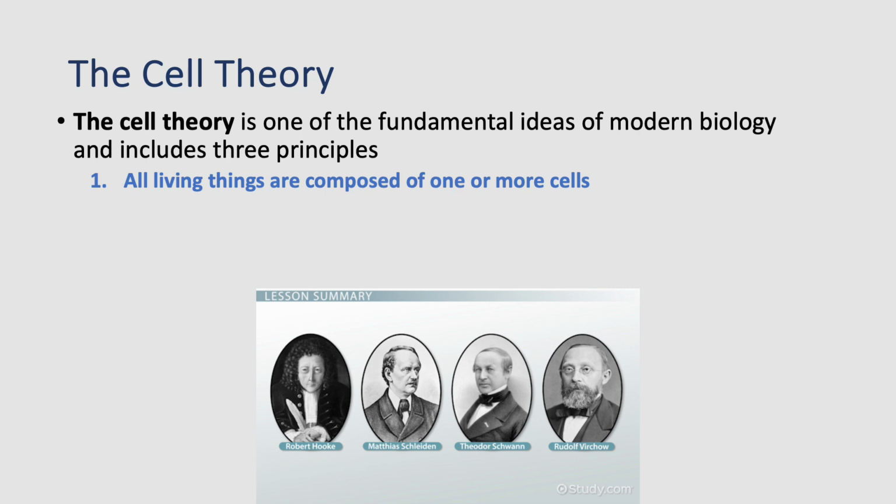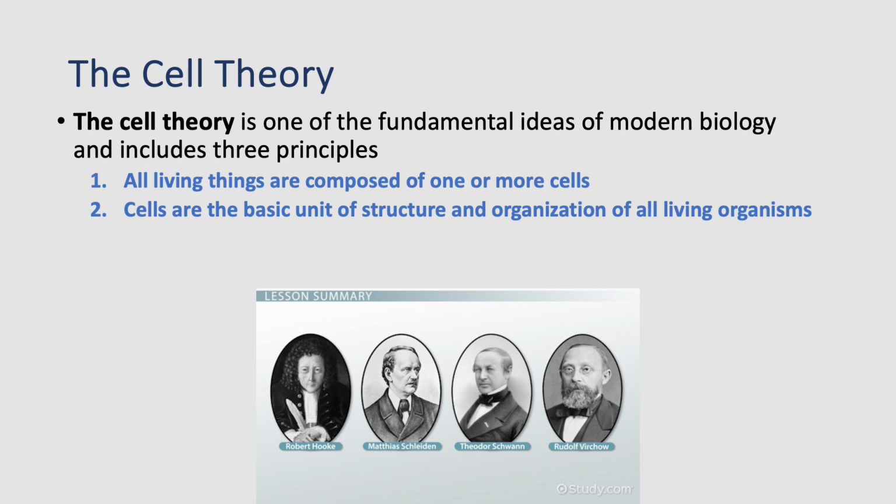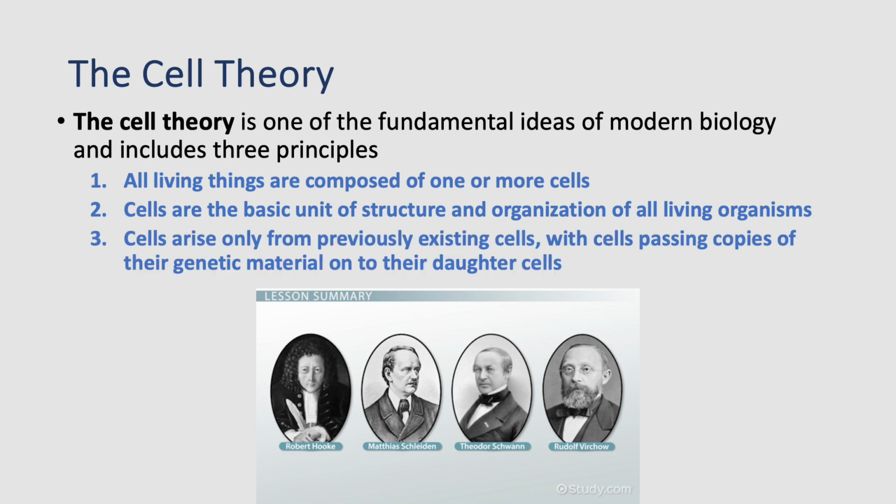Matthias Schleiden and Theodor Schwann developed a part of the theory that cells are the basic unit of structure and organization of all living things. They determined that all plants and animals are made of cells. Again, this may seem very elementary to you, but it was unknown before the invention of the microscope, before people were looking at objects over and over again.